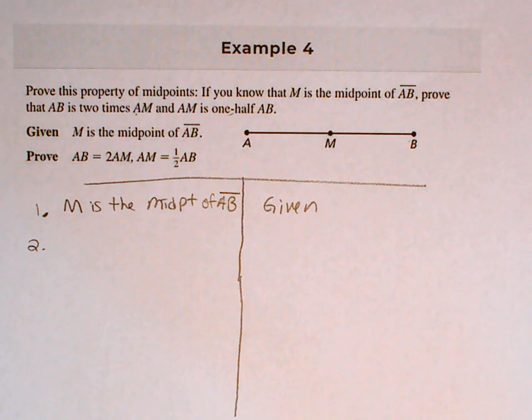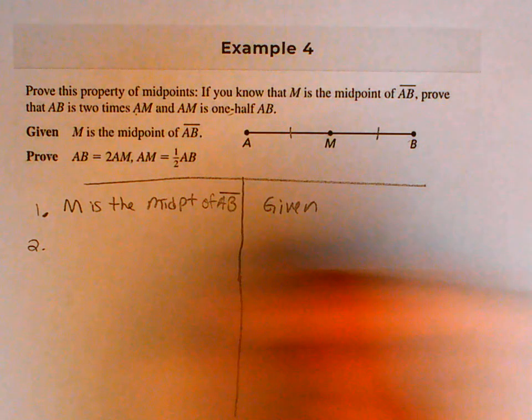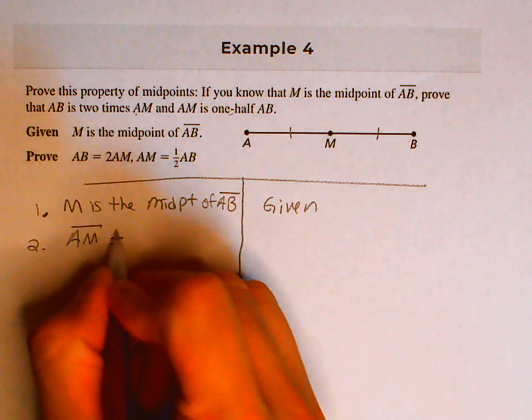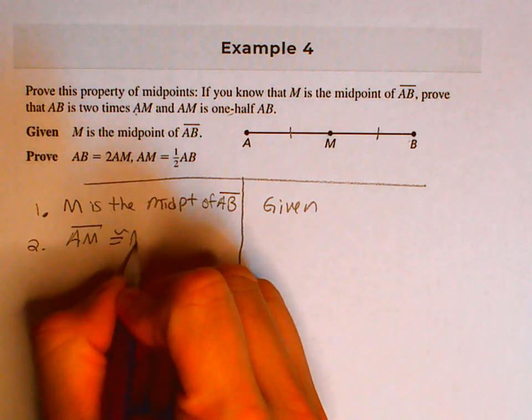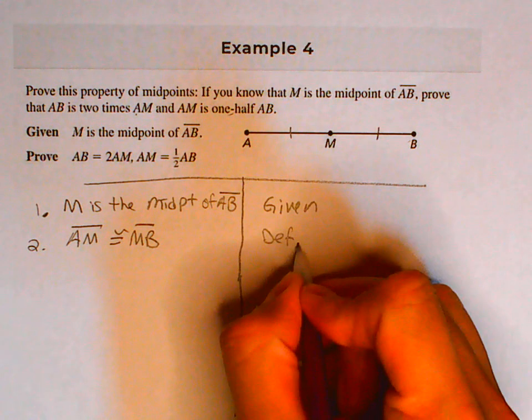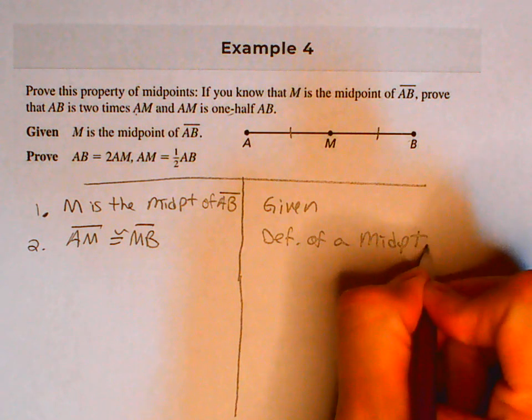If M is a midpoint of AB, that means that this segment and this segment are congruent by definition. So that means that AM is congruent to MB. Definition of a midpoint.